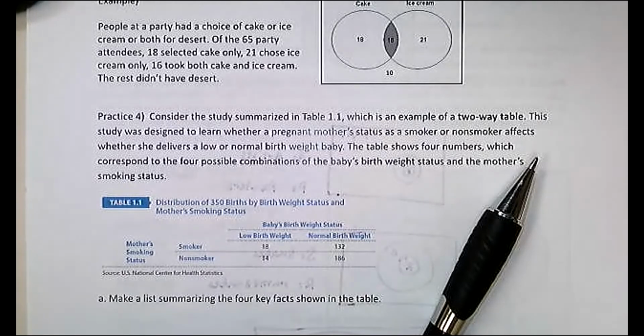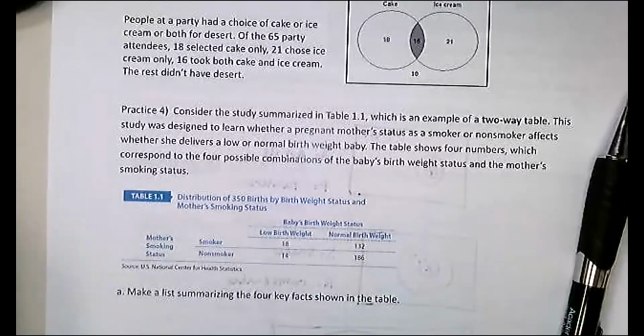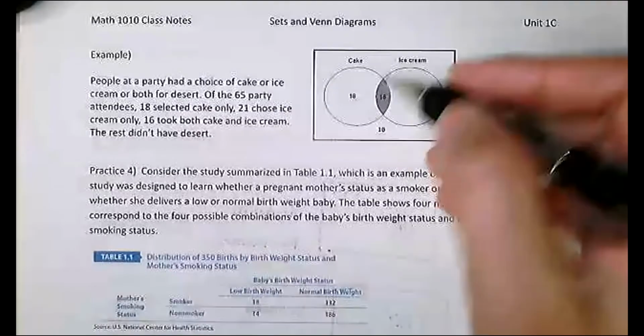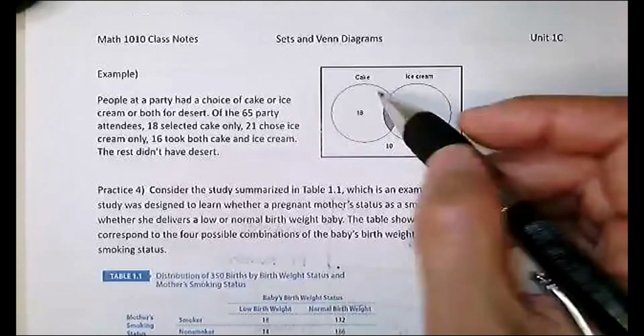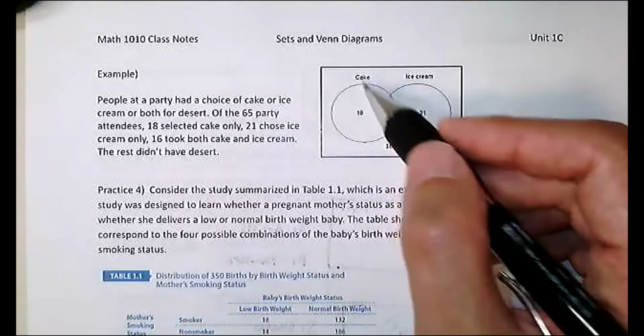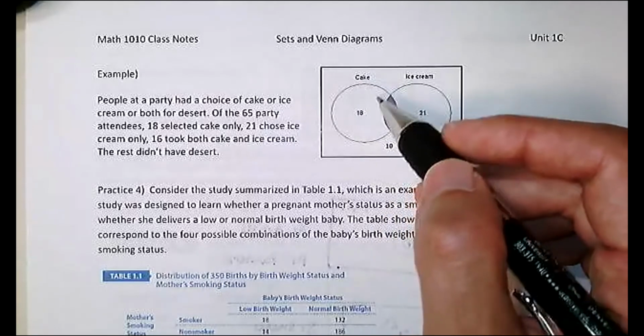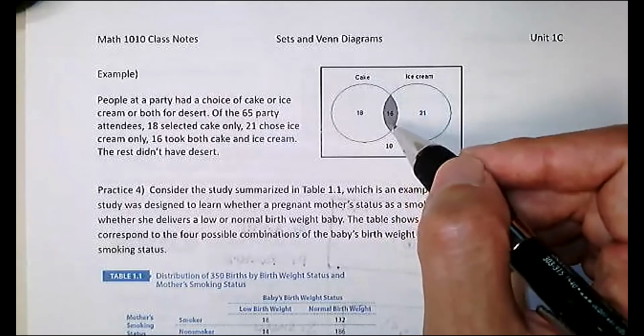Okay, no worry. So let's go back to this example. So if you choose the cake, you are in this circle, okay? If you choose both, you are here.